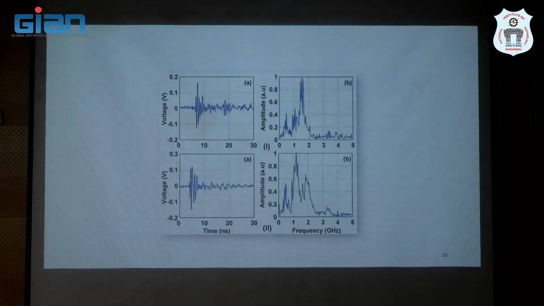With respect to severity, higher frequency bands also appear. At the inception level you may have up to 1.8, but at higher voltage levels the frequency shifts higher, to 2.2 gigahertz. In that way we can use this for the diagnosis.